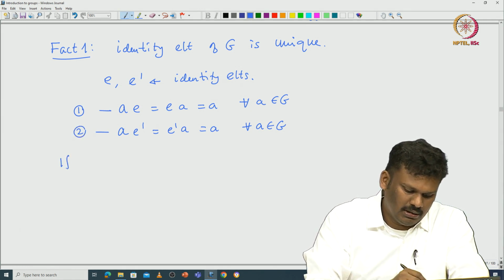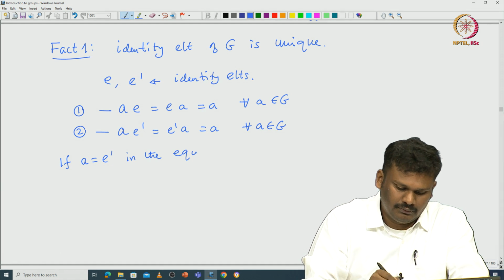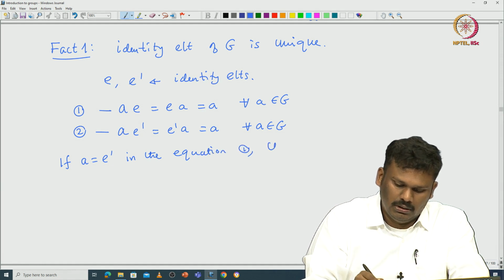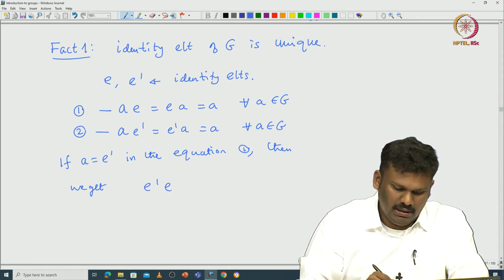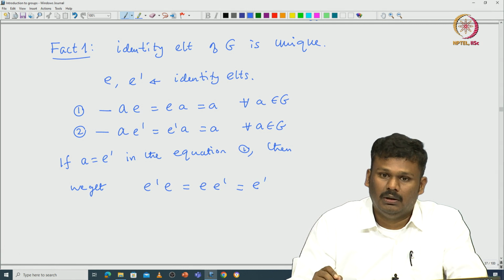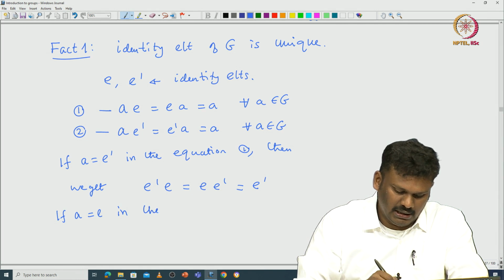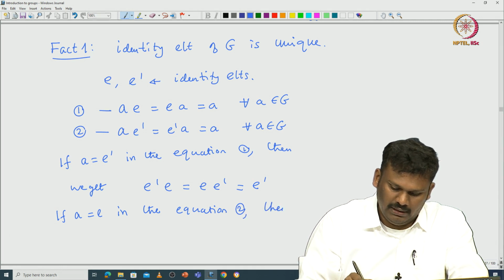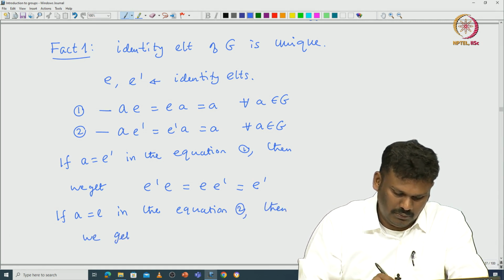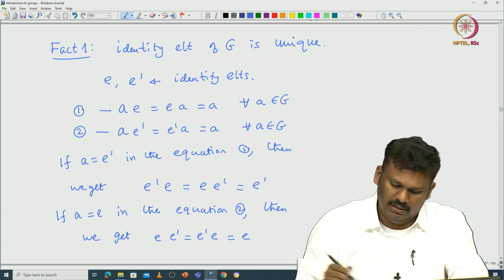So if we take A equal to E dash in equation 1, then we get E dash E equal to E dash, okay. And if we take A equal to E in the second equation, then we get the following: E dash E equal to E, okay.